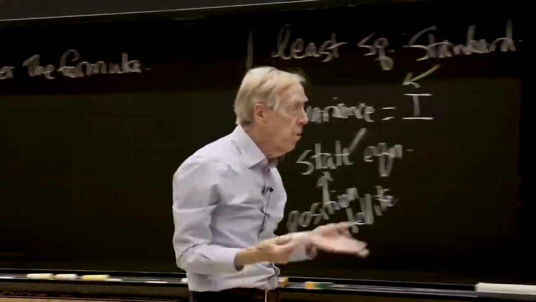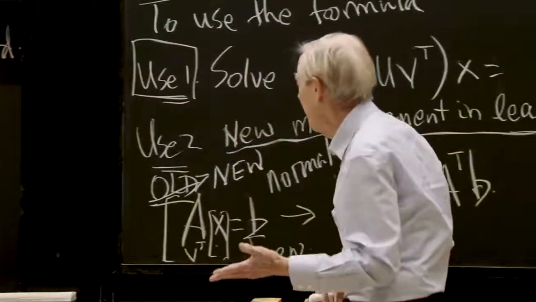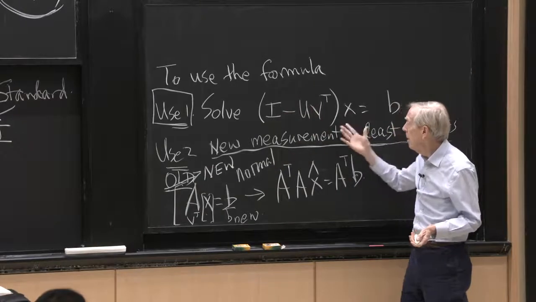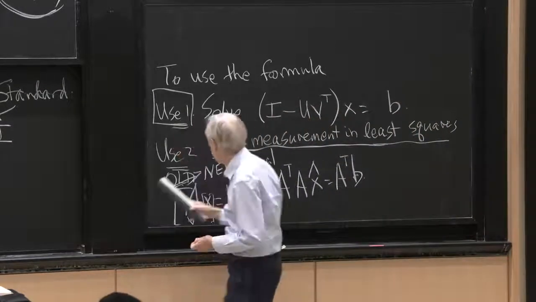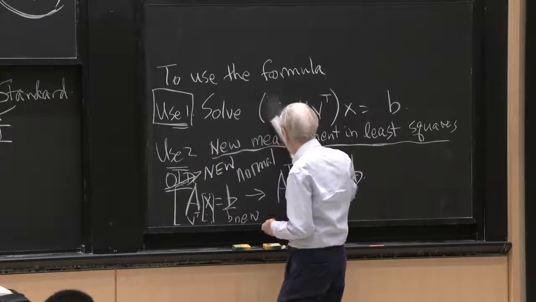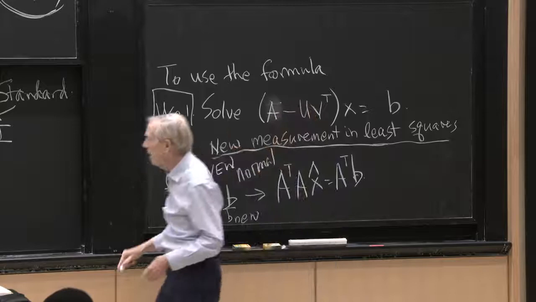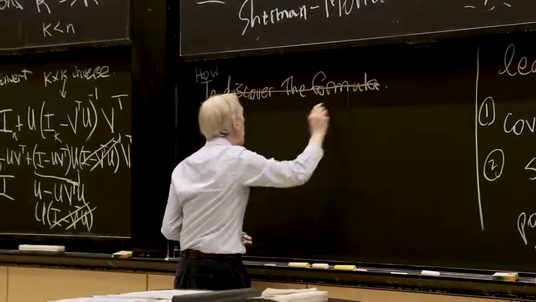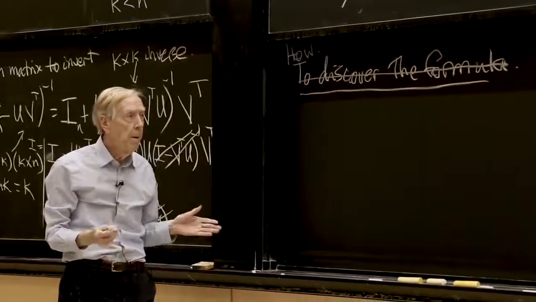Okay. So what's it good for? Use number one now. I'm backing up to the easy question. Suppose I had, and let me even change the matrix to A here. Makes it more realistic. Okay, I'm going to copy that here. Forget discovering the formula. For the moment, let's just use it. Okay.